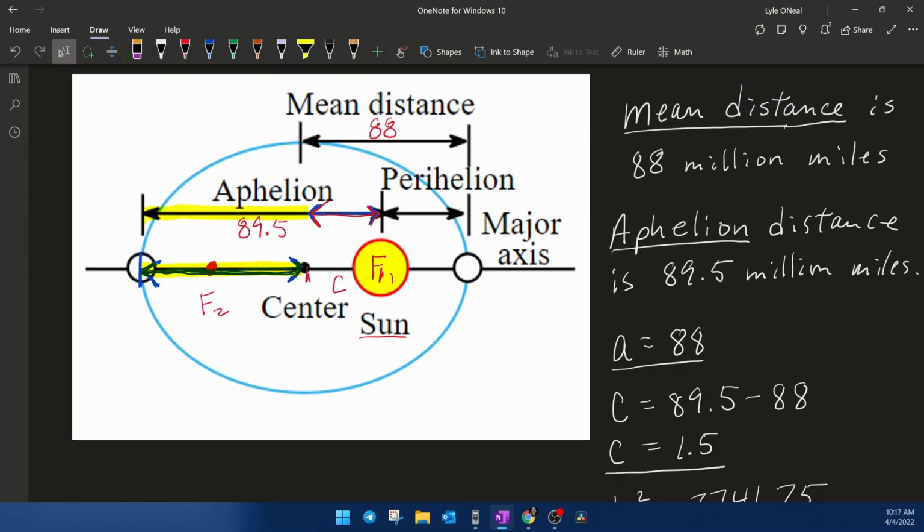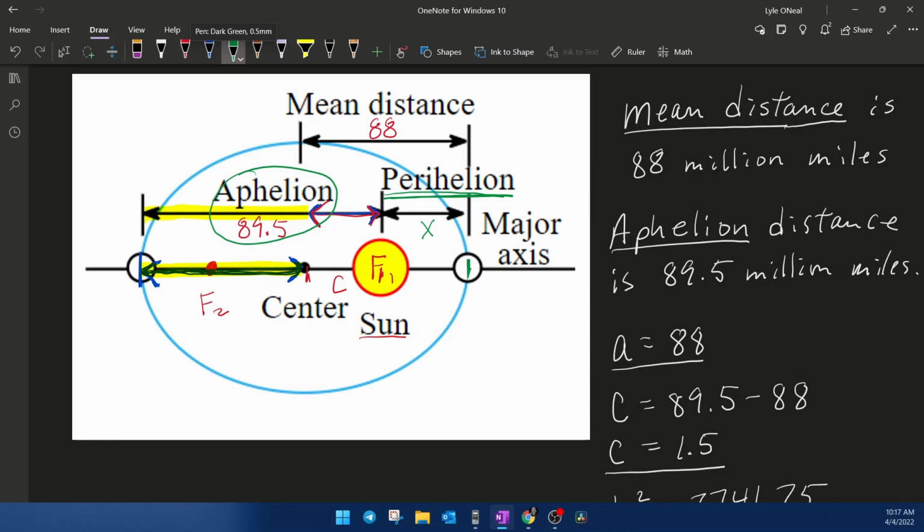Let's go ahead and find the answer to the first question. The first question said, what is the length of the perihelion, which is this distance here? So that would represent the distance from the sun to the edge of our ellipse, which would be the length of the major axis minus the aphelion.